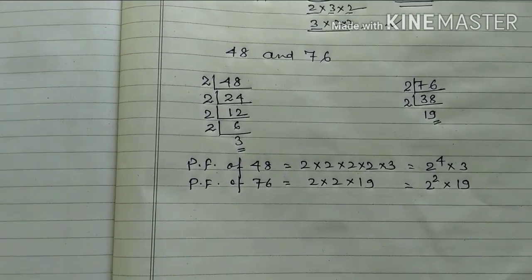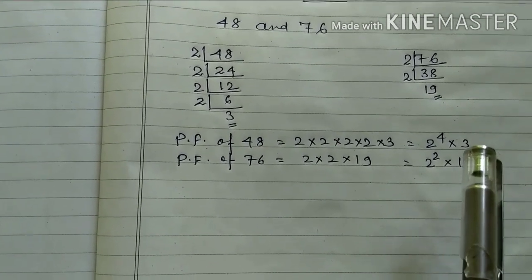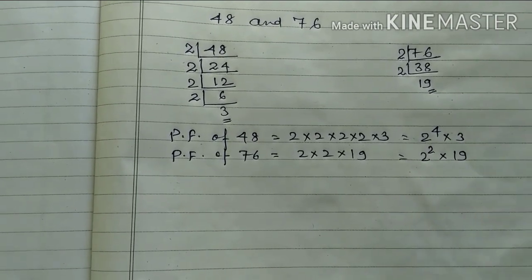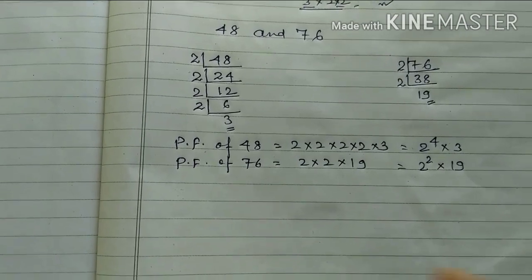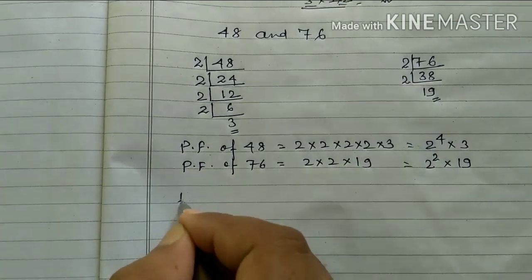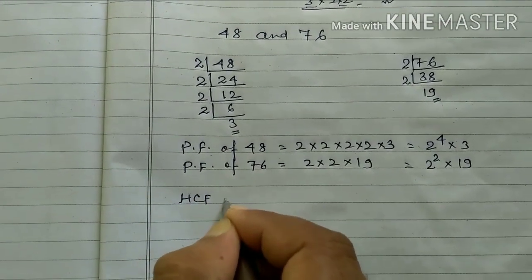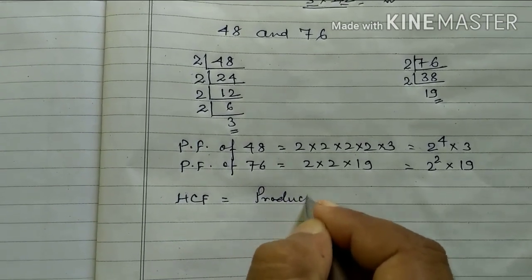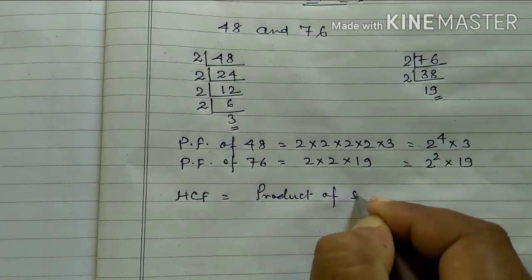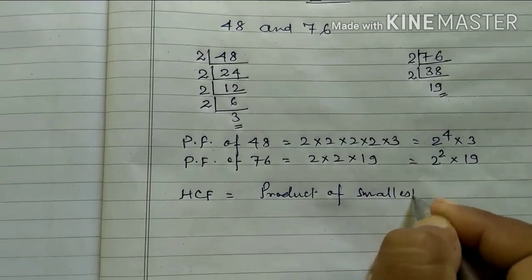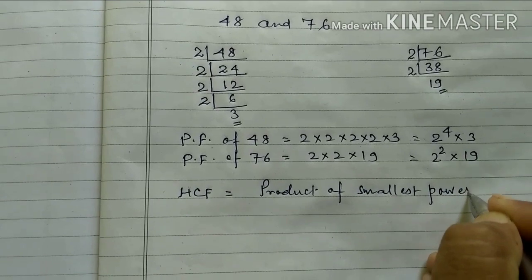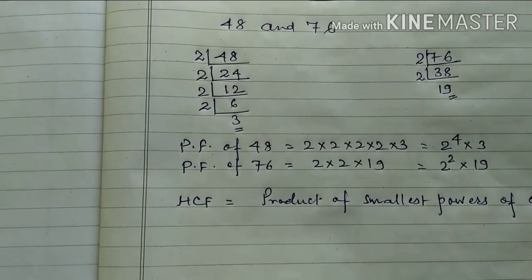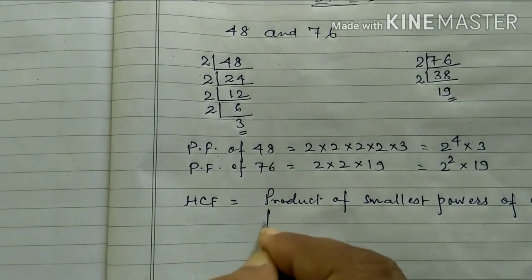Now we will find the HCF and LCM of both the numbers. See, what is the formula to find HCF? HCF is equal to the product of the smallest powers of common factors.